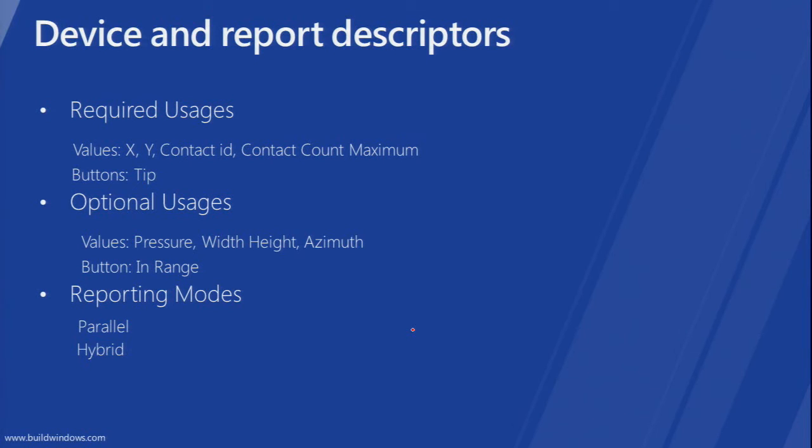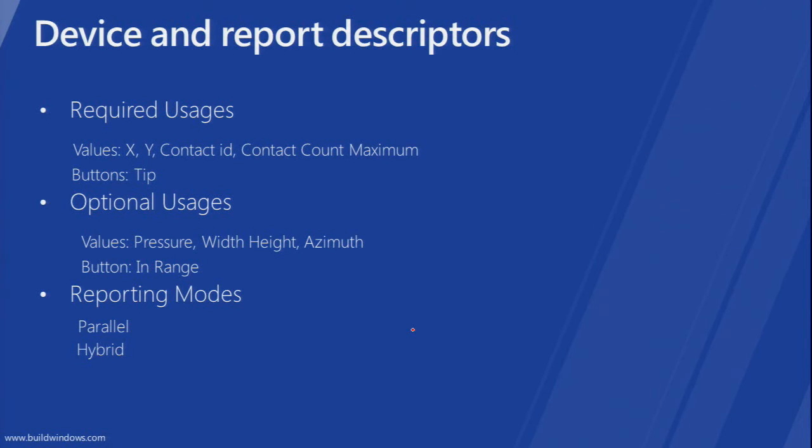It allows you to report data for one frame in multiple reports. You'd want to use parallel over hybrid if, say, you have a device where the most common usage is delivery of 10 contacts all the time. Then it's advantageous to deliver the whole frame within one report.